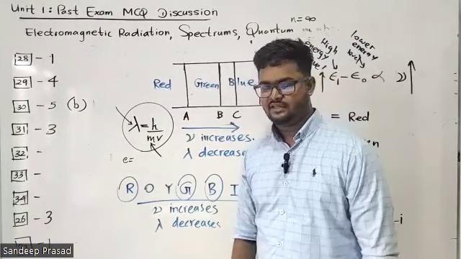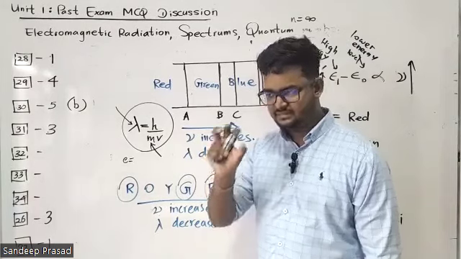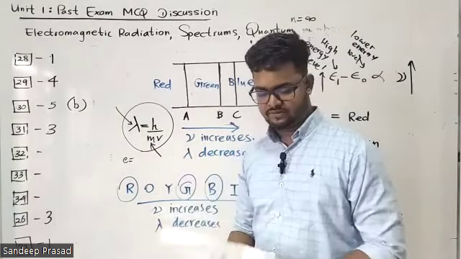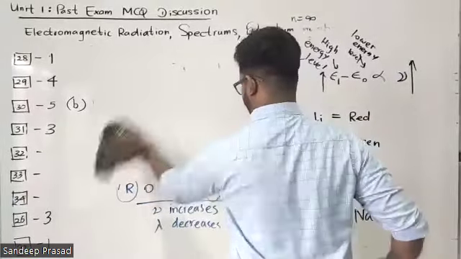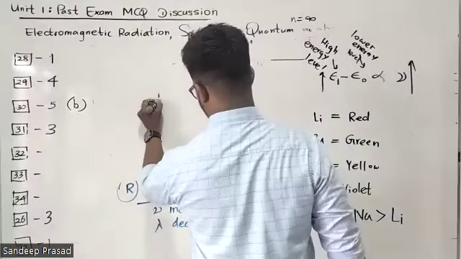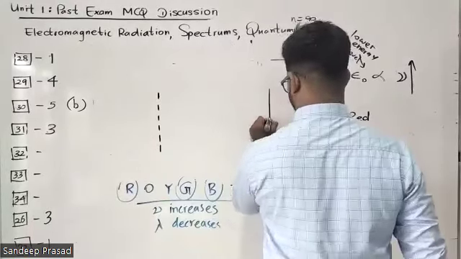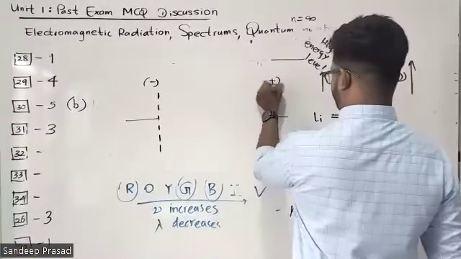Is that correct? Can you remember we learned that anode rays are actually forming at the middle of the cathode ray tube, in the path? Can you remember the diagram that we discussed? Here inside we have the perforated cathode and here we have the anode. Negatively charged one, positively charged one.